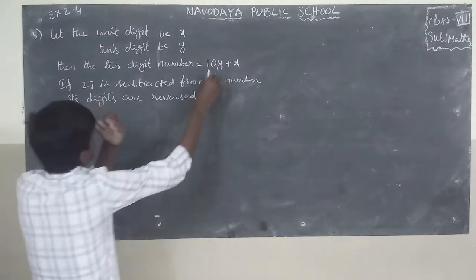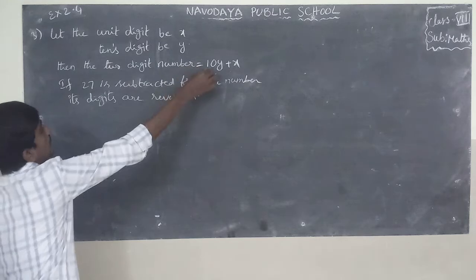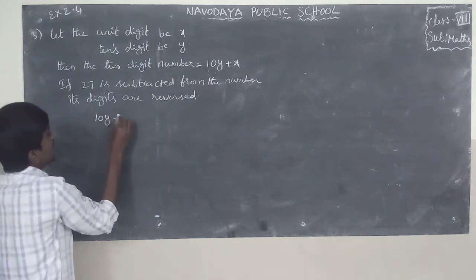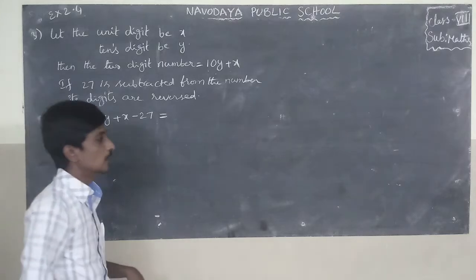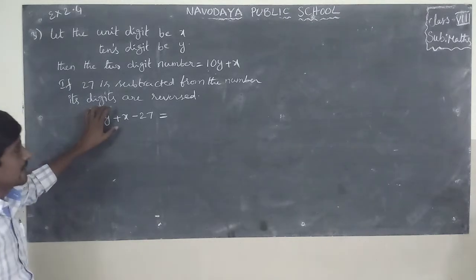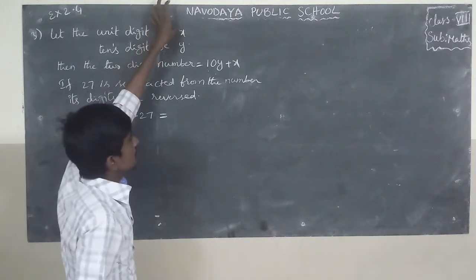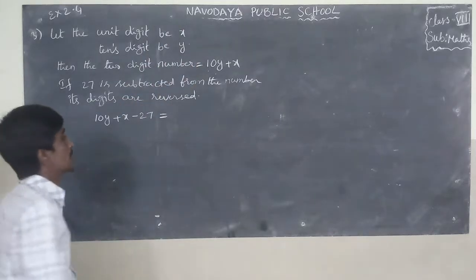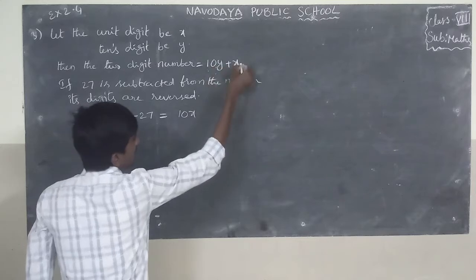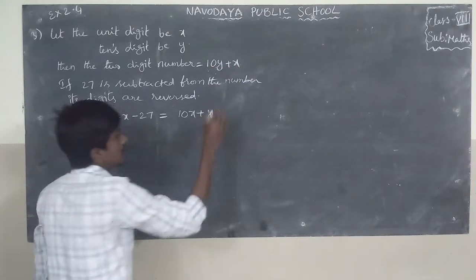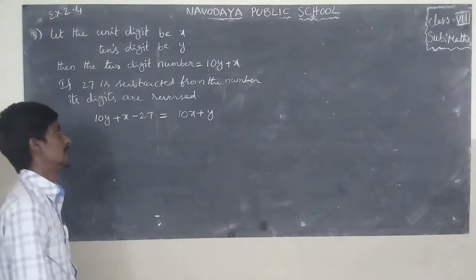So 10y plus x minus 27 is equal to the reversed digits. Tens place and ones place become ones place and tens place, so 10x plus y.